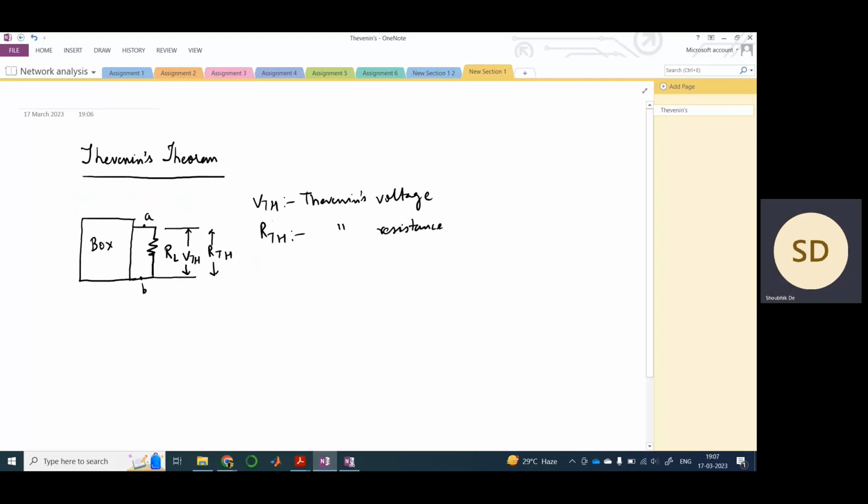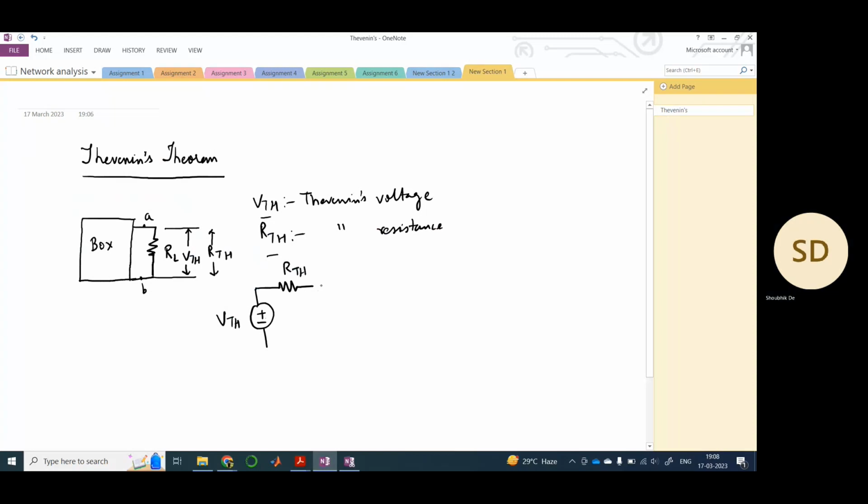There is a way to do that. We will look at some of the problems today. It will get clear. So finally, when you get these two values, your equivalent circuit looks like this. This is your VTH which you calculated, and the Thevenin resistance will be in series with this Thevenin voltage source.